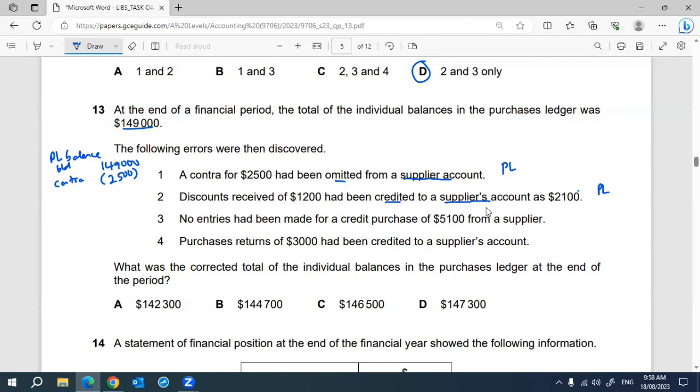So the first thing to do is to cancel this. Since you have wrongly added, we need to cancel the discount received of 2,100 by deducting it. Then we need to record the correct discount received of 1,200 and we should deduct.